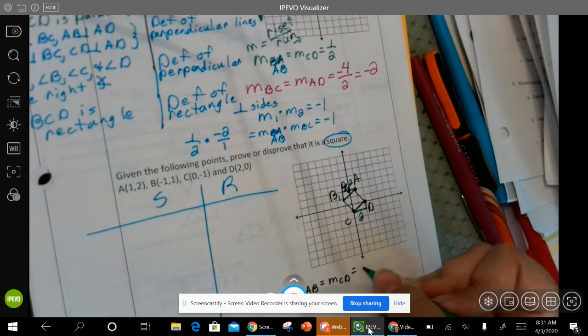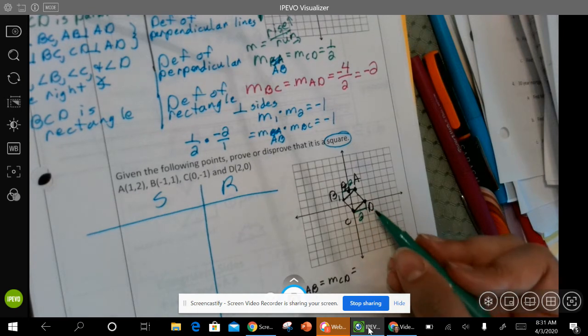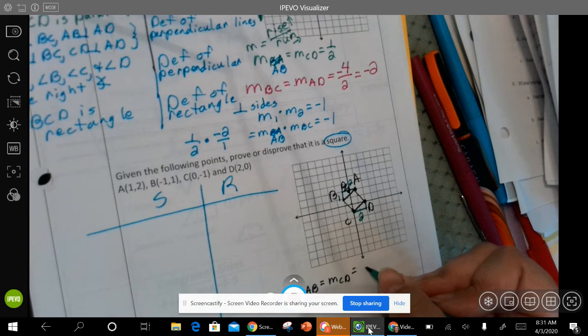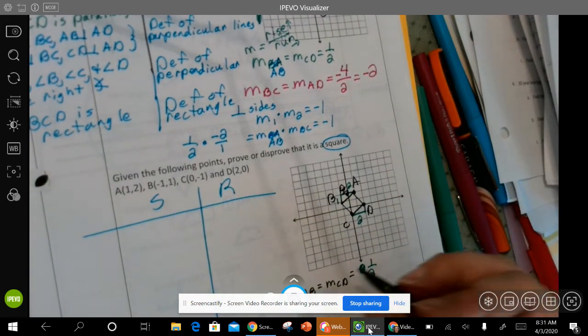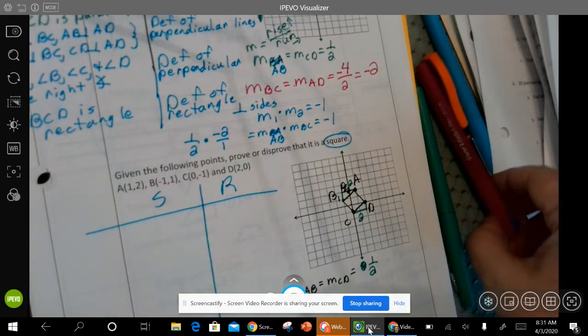Okay, so it's over 2 up 1, so it's going to be positive. Rise over run, so 1 over 2. Okay, the next one, we're doing the same thing.